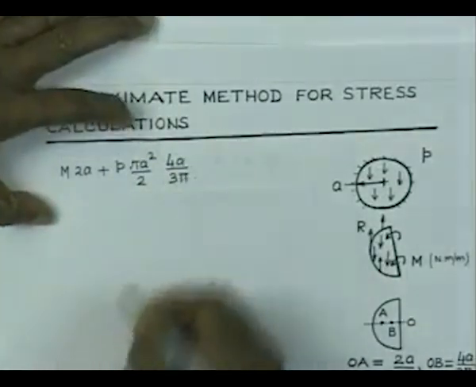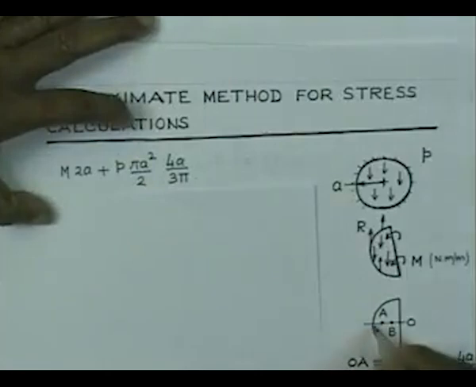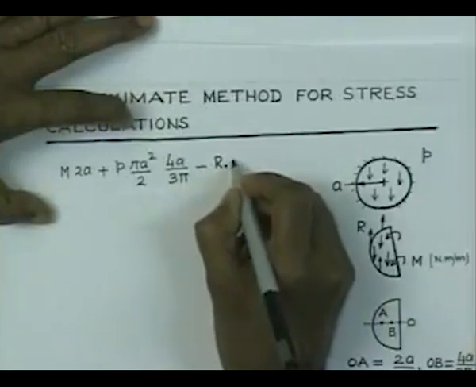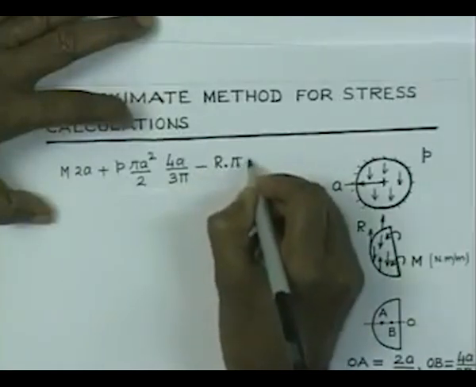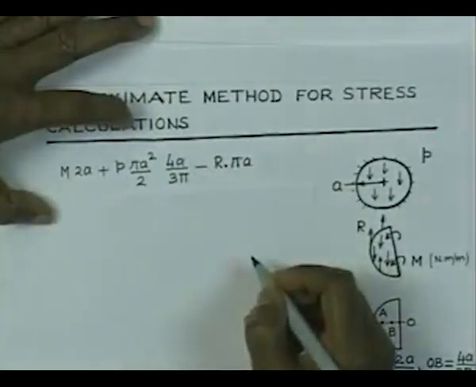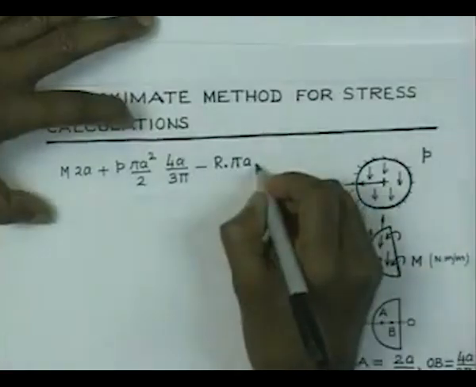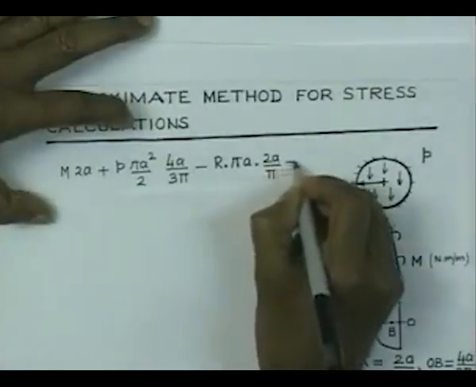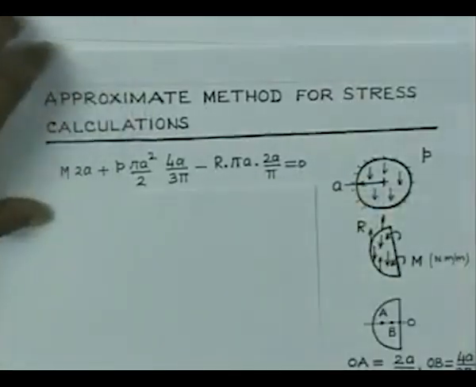So, that is the moment due to the distributed pressure, and now R is going to counteract this moment. It is acting over a length of pi a, a semicircle, and its CG is at a distance of 2a by pi. So, therefore, this is the moment equilibrium.